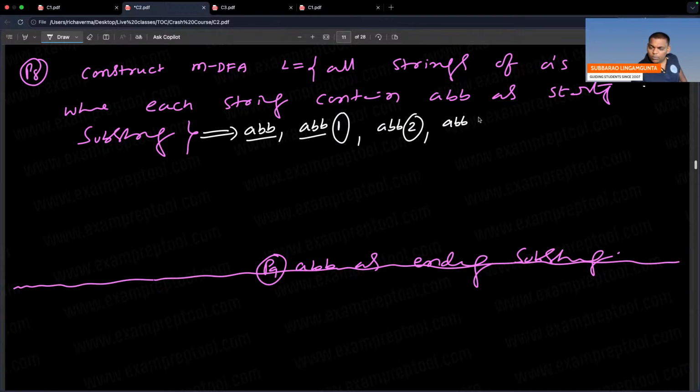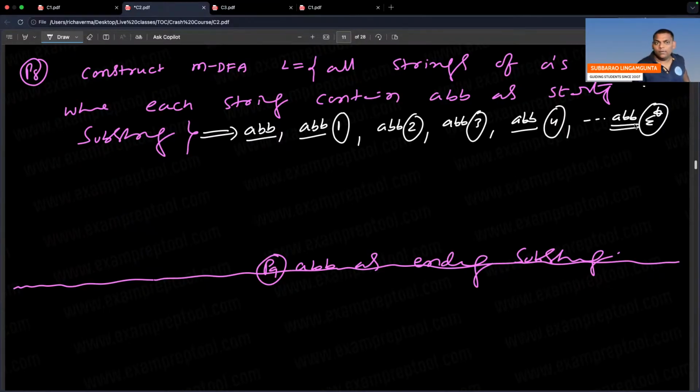Starting is ABB, afterwards a two length string, then a three length string, then a four length string and so on. Starting is ABB followed by sigma star, which means anything. ABB at the start is compulsory.